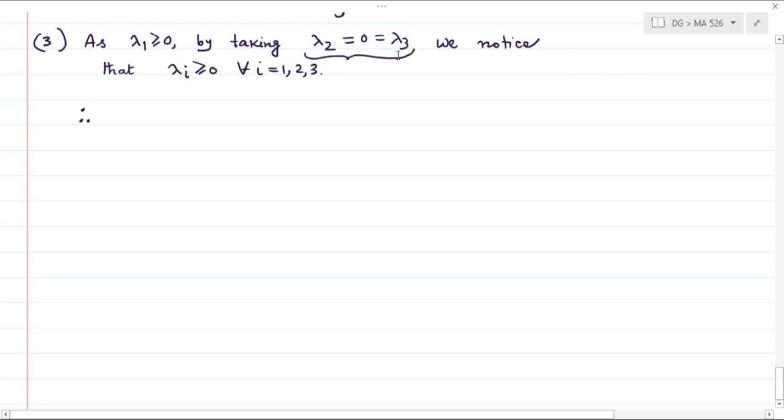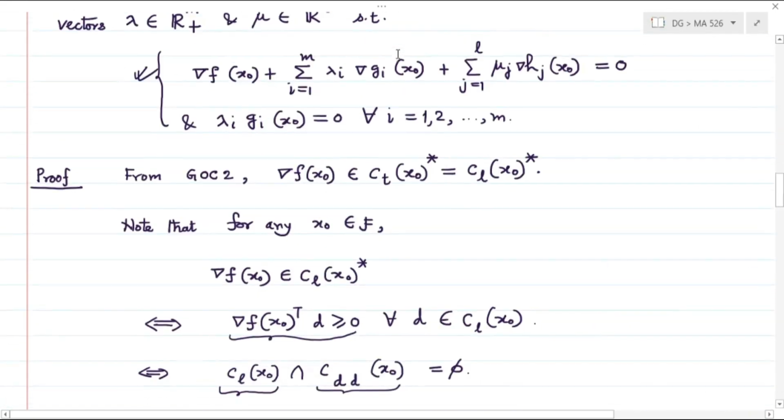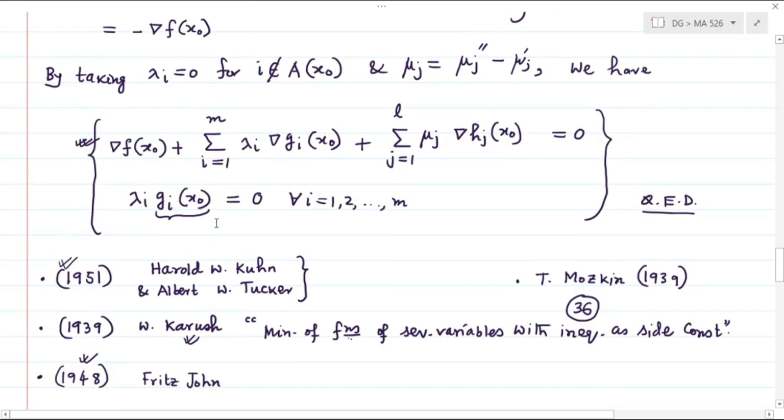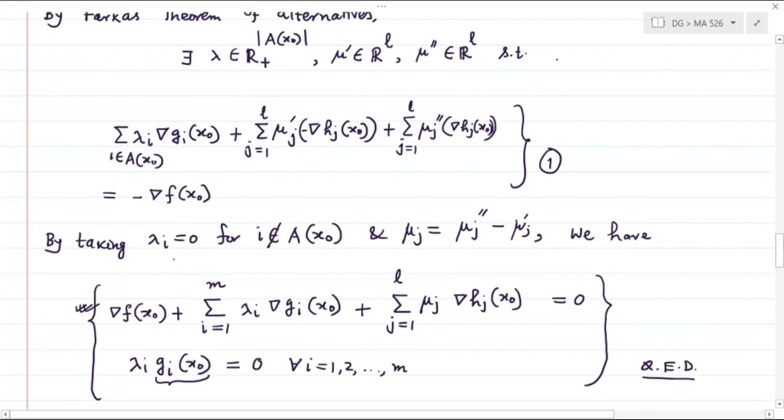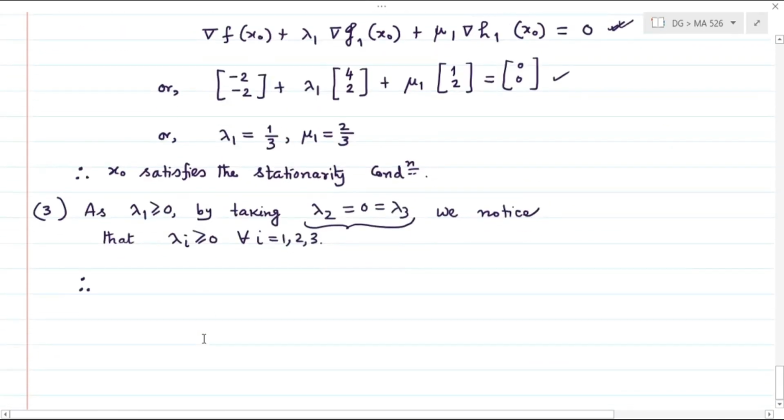Because that is what is done in the proof of this KKT optimality condition: for the i's which are not in the active set, you define lambda equal to 0, and they will automatically satisfy lambda i times gi equal to 0. Once you define lambda 2 and lambda 3 equal to 0, the complementary slackness condition is also satisfied.